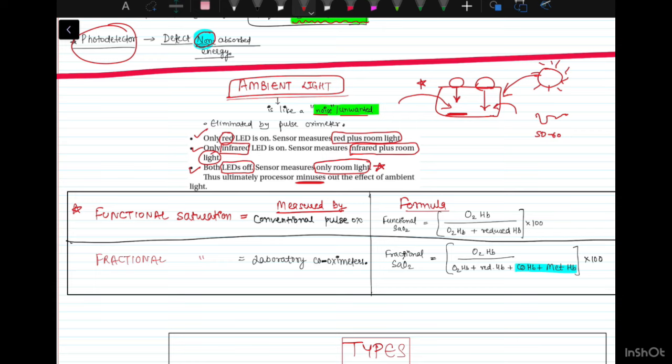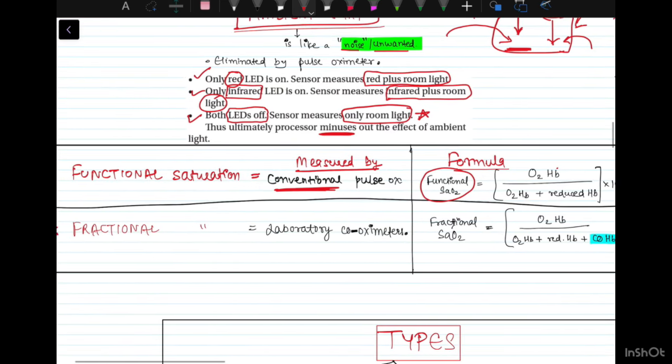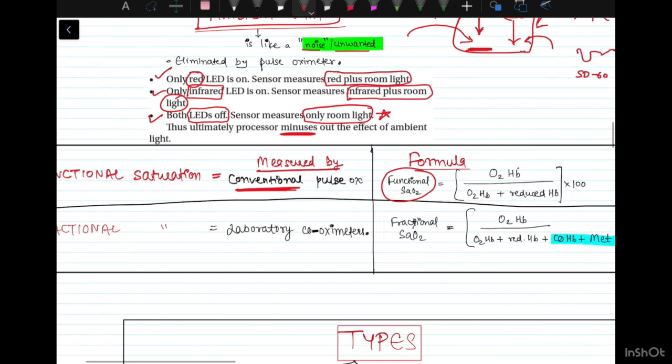Let's talk about the types of saturation. One is the functional saturation and second is the fractional. Functional saturation, which is measured by the normal conventional pulse oximeters, is the oxyhemoglobin divided by the total of oxyhemoglobin plus reduced hemoglobin into 100. So this will be the functional SaO2.